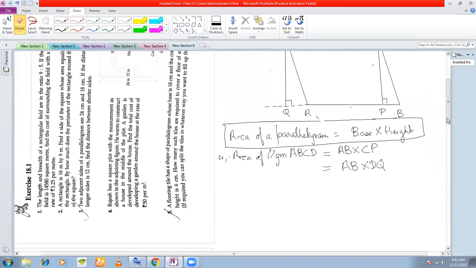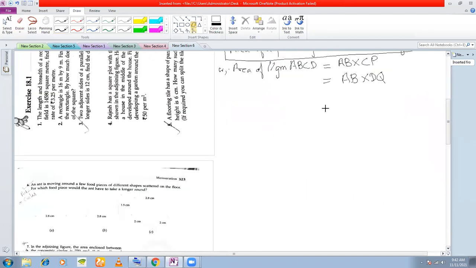Let us see another figure. Now suppose I drop a perpendicular from here.